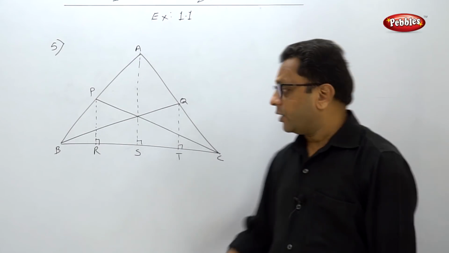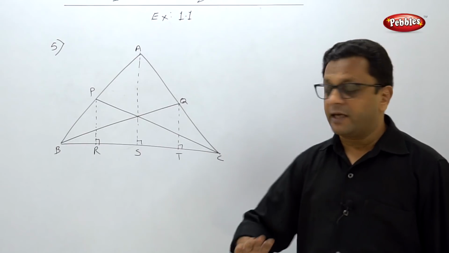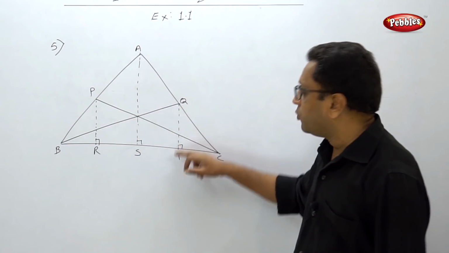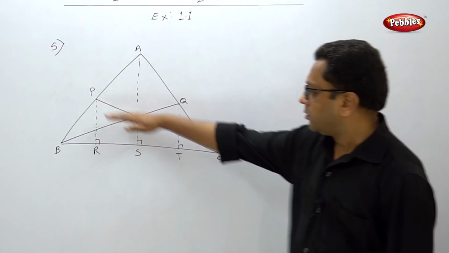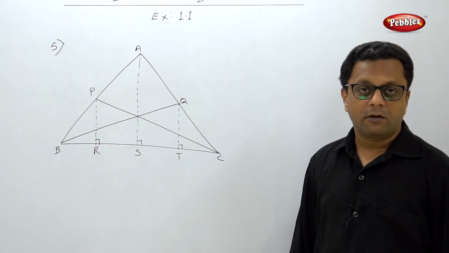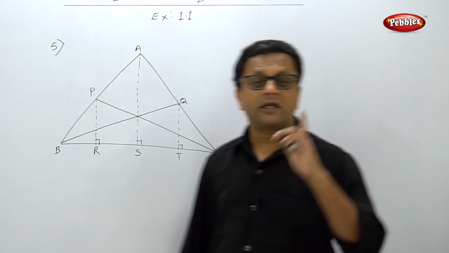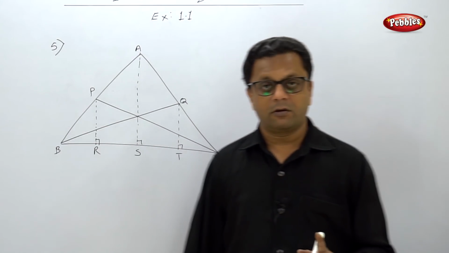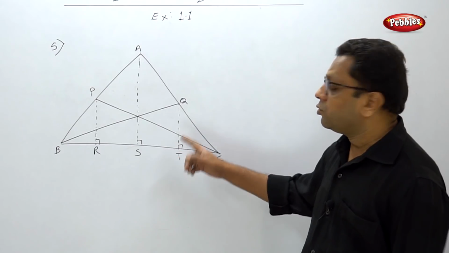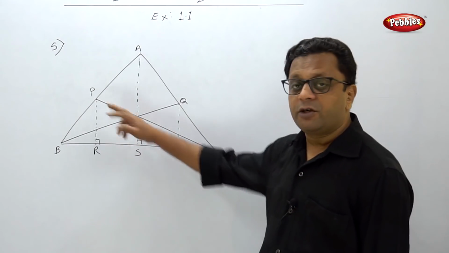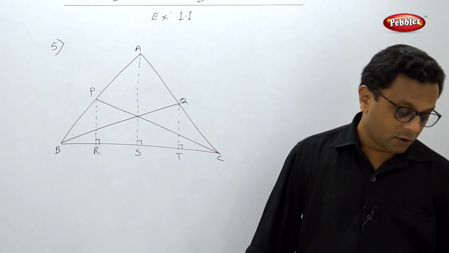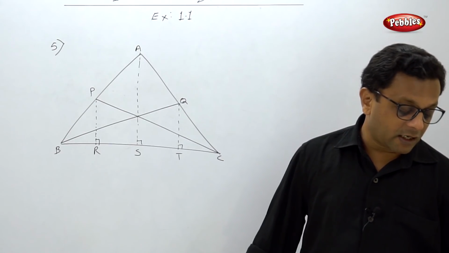Now again I am telling you, in the figure it looks like PR and QT are of the same length, but if that is not given, you should not consider them to be of the same length. Okay? So here your answer will be base into height upon base into height. The fourth is BPR upon CQT.